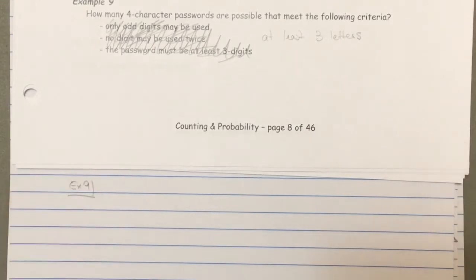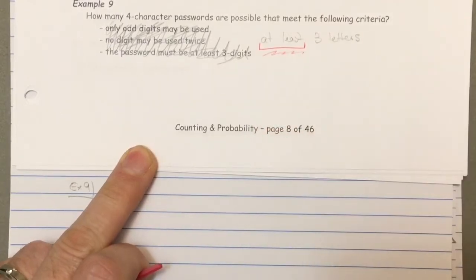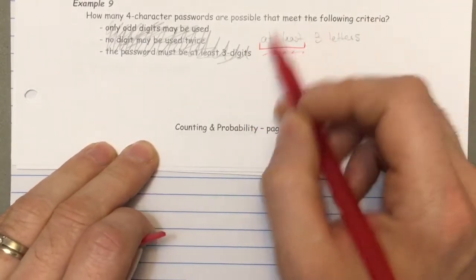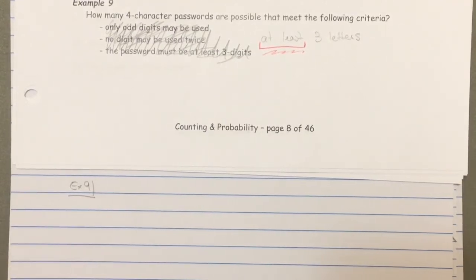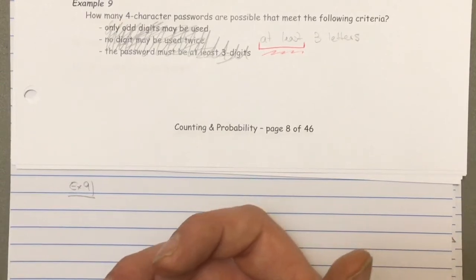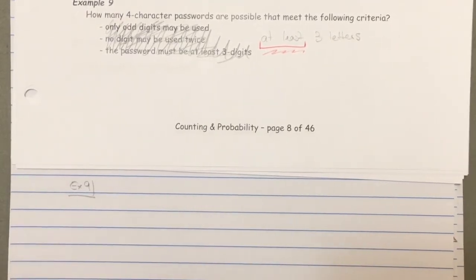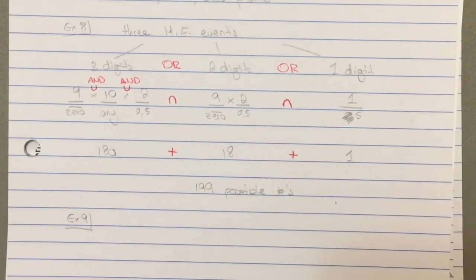Anytime you see this phrase, these 2 words, "at least," you have to remember that there is more than one option, which means there are a few mutually exclusive events.